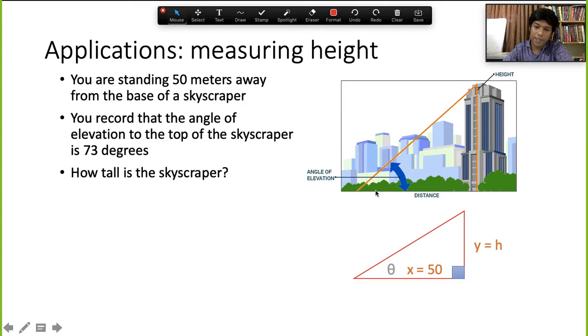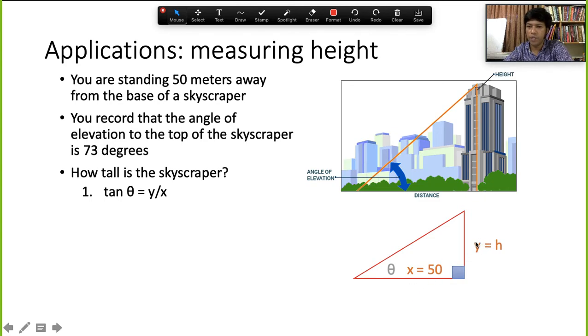So once you have these two things, the angle is 73 and this is 50, what is the value of h? Try to find out, then we will show you here. First thing is, why is tan theta used here? The reason is tan theta is related to adjacent and opposite.